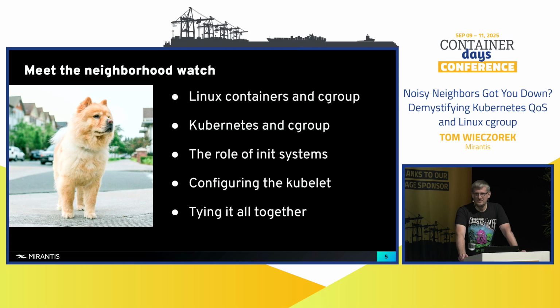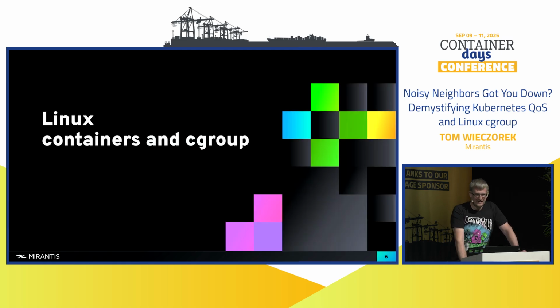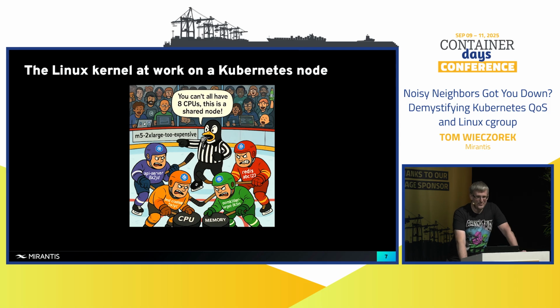And in the end, we need to boil all this down to our kubelet configuration, so that we are telling kubelet how to integrate with the rest of the Linux node to get all of our resource requests and limits into place, right? So first of all, Linux containers: this is how it works.